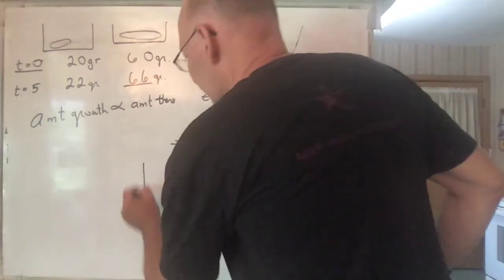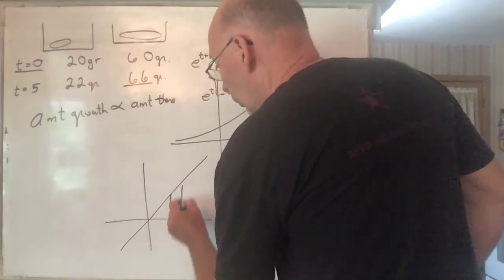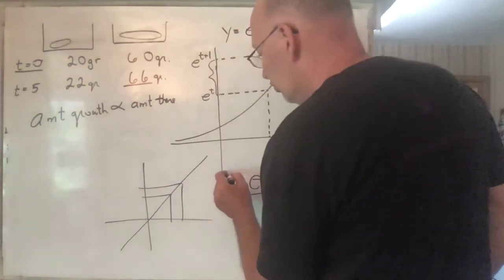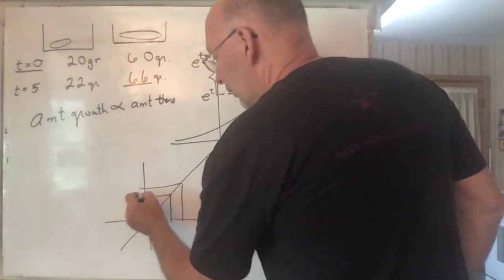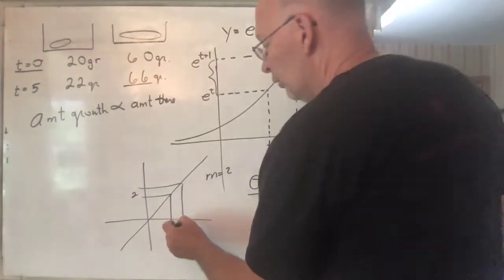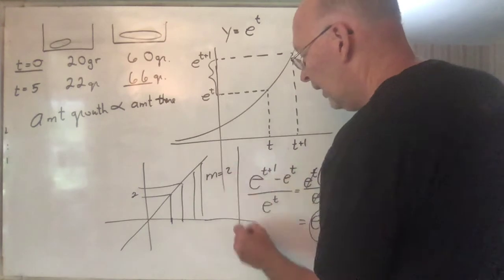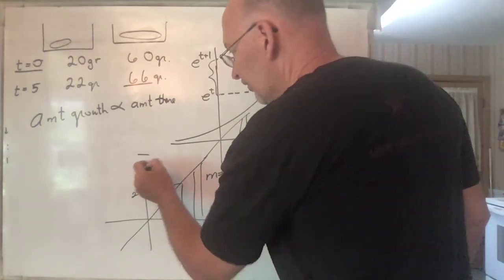Notice that's totally different from a line. When you had a straight line, what was the amount of change? If the slope was 2, then the amount of change was always 2. It didn't matter whether you were here, or up here, or way out here. The amount of change was always the same.